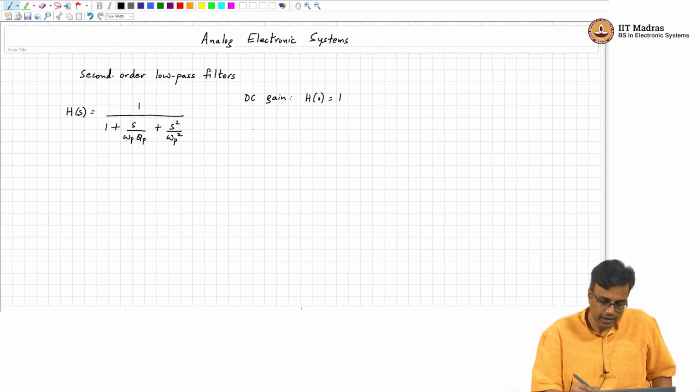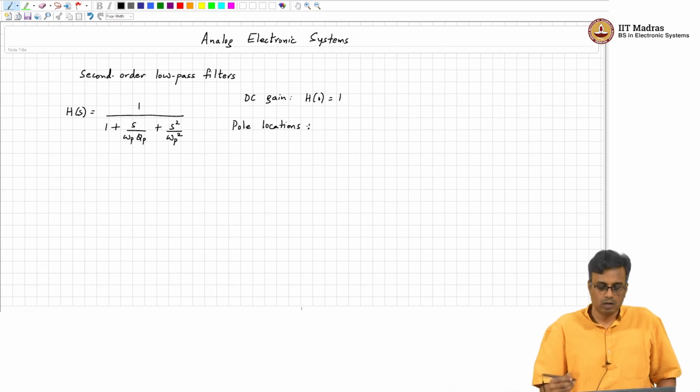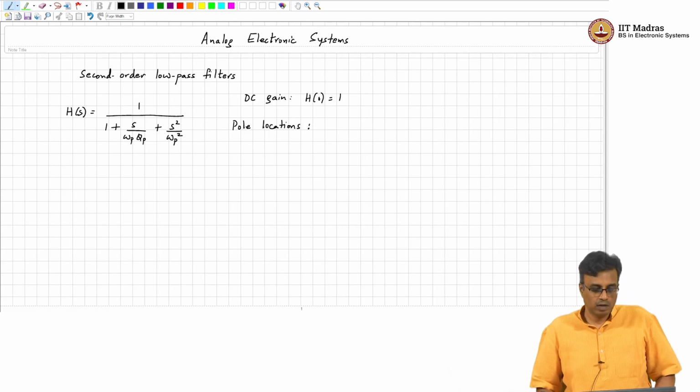So where are the poles located? To find the location of the poles, what do we do? Well, we just simply find the roots of the characteristic equation.